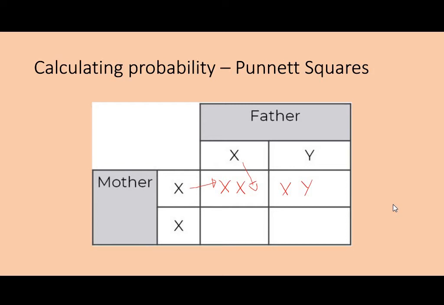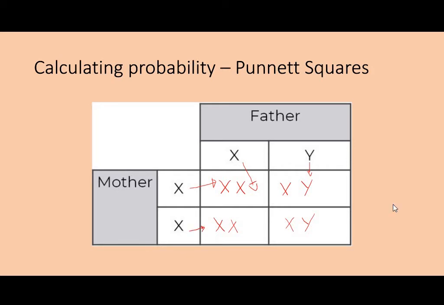In this box here, this option is an X chromosome from the mother and an X chromosome from the father. One from the top, one from the side. And then in this final box here, we could end up with an X chromosome from the mum and a Y chromosome from the dad. Okay, I'm just going to draw an arrow here to show that that's coming in there. So hopefully that's nice and clear.